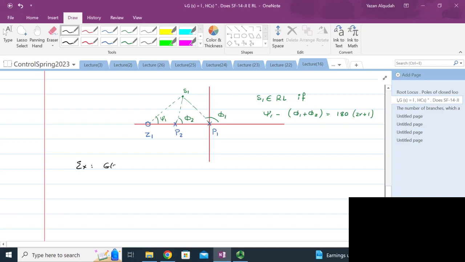So we are given G of S multiplied by H of S equal to S minus 3 divided by S plus 5. I want to evaluate G of S multiplied by H of S when S is equal to 1 plus j1.